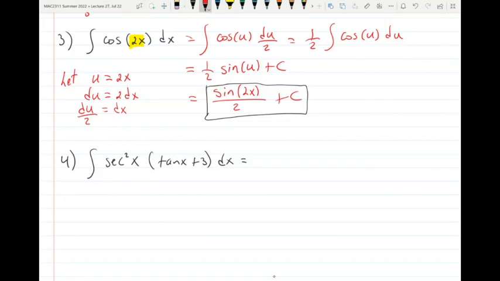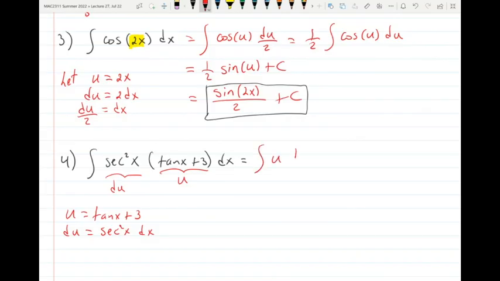Anyways, by looking at this, if I call this guy u, notice that then the derivative of u is exactly this one. Okay? So then this will be my du, because the derivative of tangent is secant squared. So I'm going to let u be tangent of x plus 3. So that means that du is going to be secant squared dx.